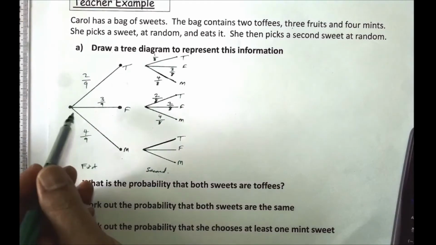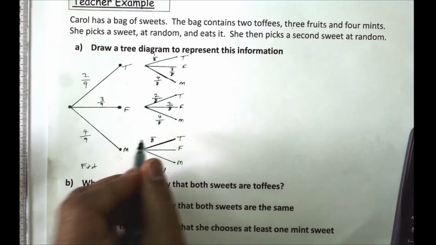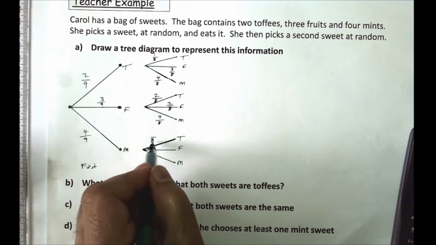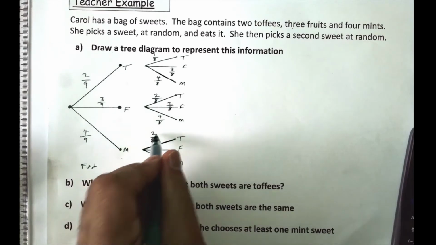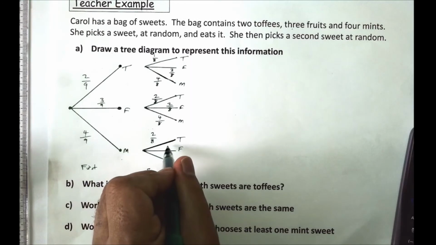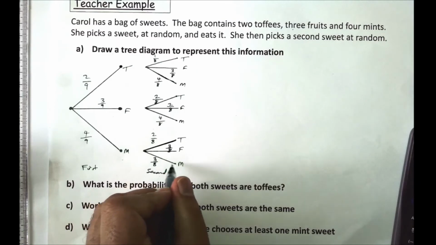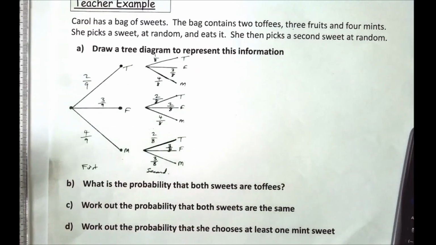And again, if she picks out the mint, therefore again it's out of 8. From the 8 that are still there, there are still 2 of them that are the toffees. There are still 3 of them which are the fruits, but then there will be 3 out of the 8 for the mint, so the mint has gone down by 1.